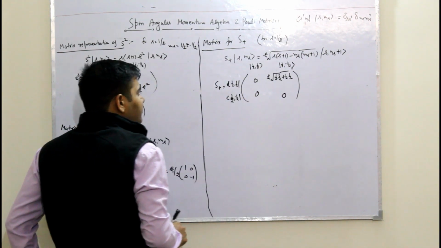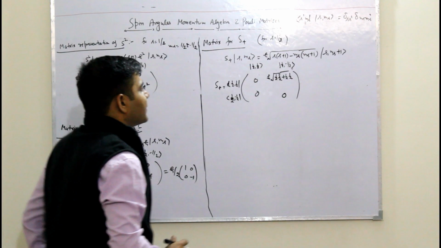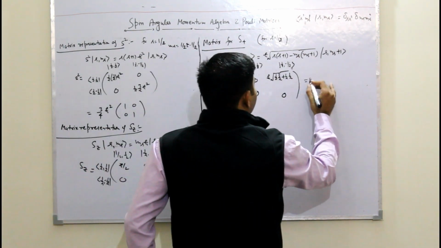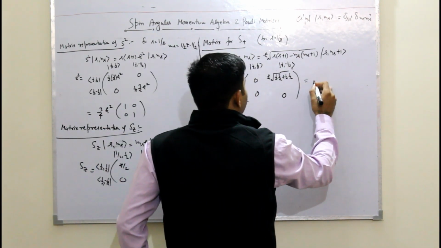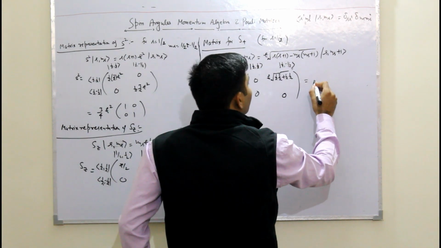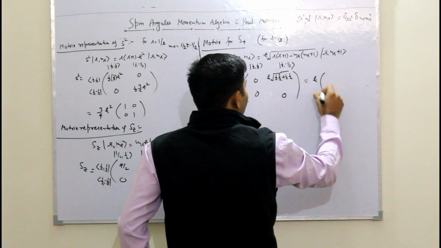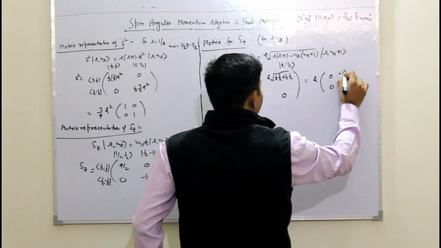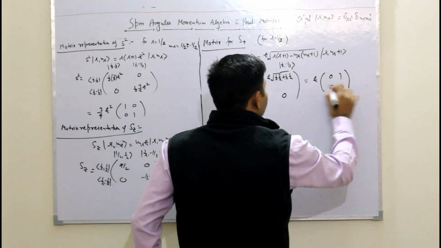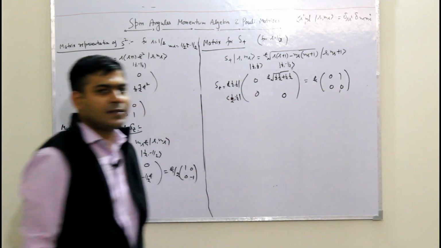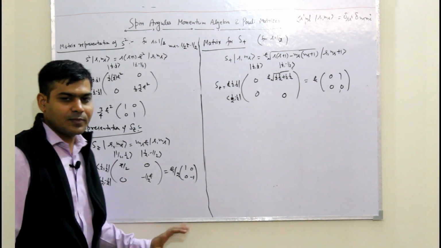That's how we get the ultimate matrix representation for s plus: under root 3 by 4 plus 1 by 4, that is 1, so h cross times the matrix 0 1, 0 0. So that is the matrix representation for s plus.